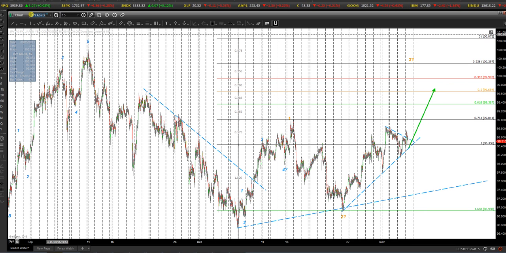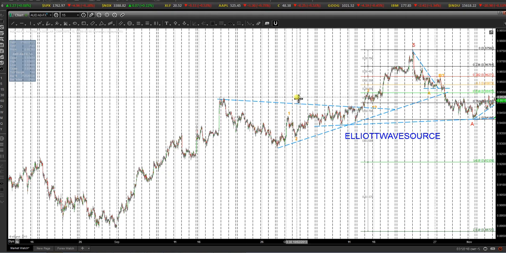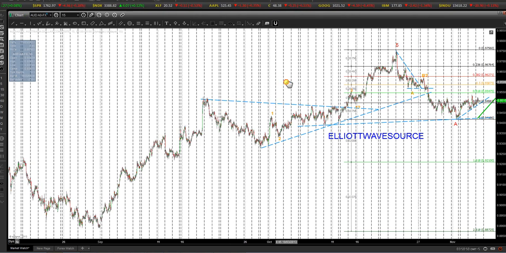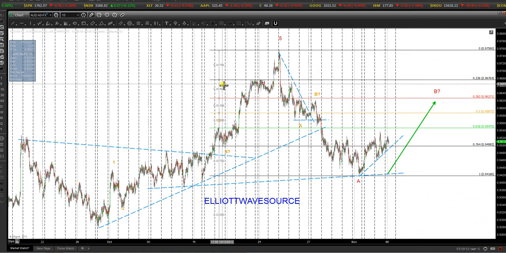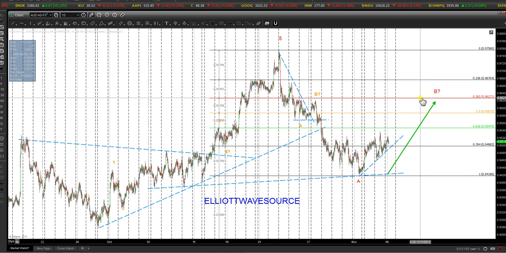Another pair I want to look at that hasn't really moved yet, but I definitely think it could break out, is the Aussie dollar. Now with the Aussie dollar, we see that we had that 5-wave count upwards, and we definitely anticipated that this is a wave. This move downwards is an A wave, and then we're anticipating that the move upwards will be the B wave.